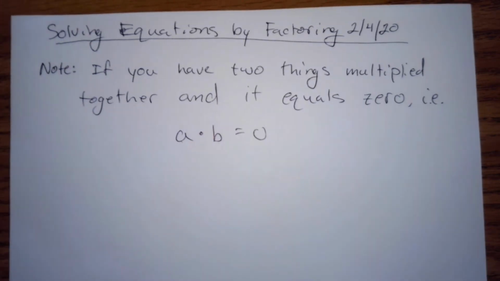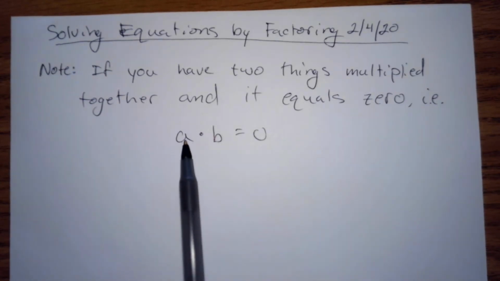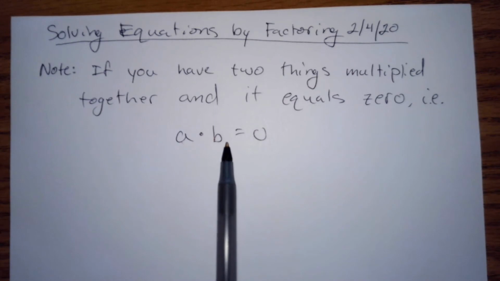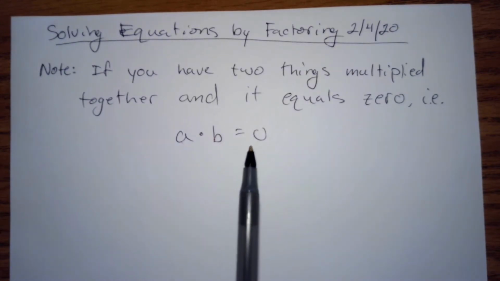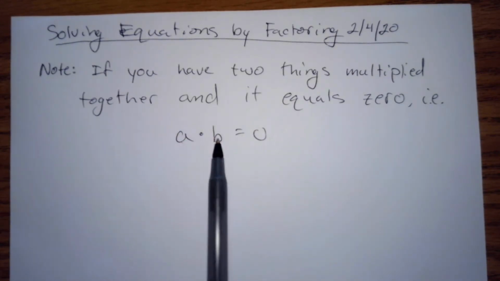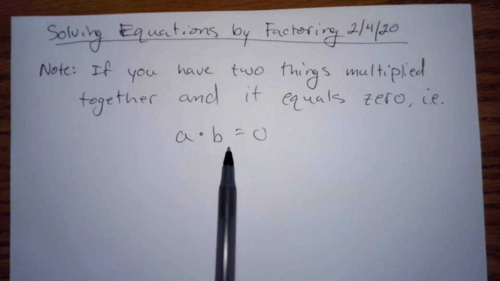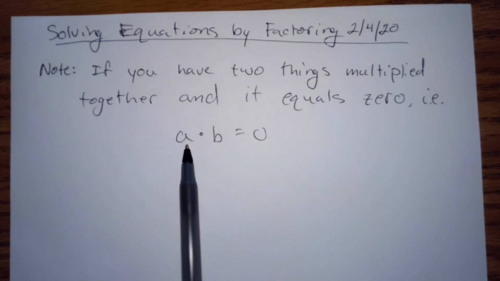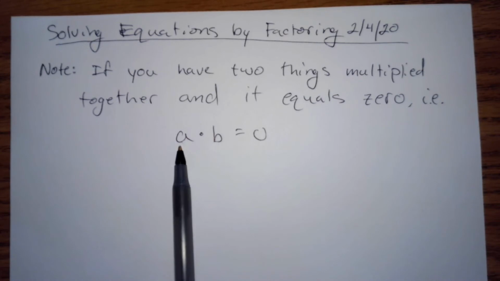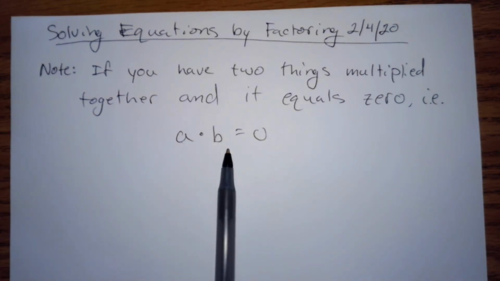So the whole point of what we're doing today is we're going to write our equations. They will have an equal sign. That's different from what we had before. And we're going to hopefully factor it so that it's two things multiplied together. For the equation to be true, either the first part has to equal 0 or the second part has to equal 0.